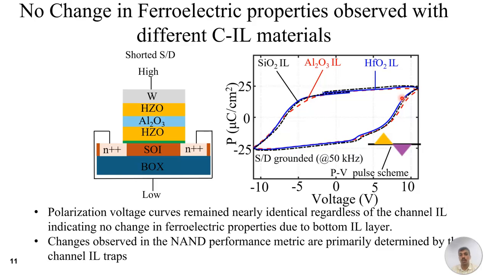Therefore, we conclude that there is no intrinsic degradation or change in the ferroelectric properties of the Fe oxide stack, and thus any performance differences that we will see going forward will primarily be because of the CIL traps and not because of a change in the ferroelectric properties, because the ferroelectric properties remain nearly identical regardless of the channel interlayer material that is used.